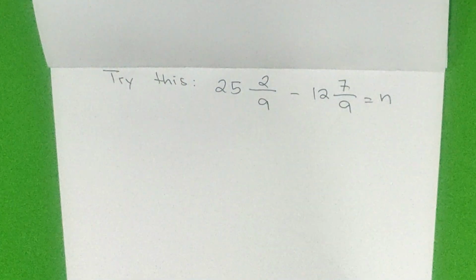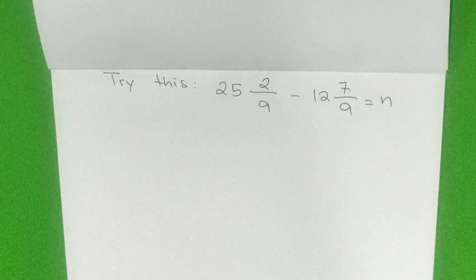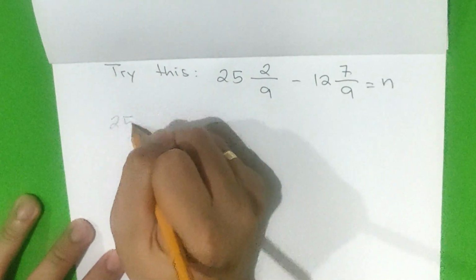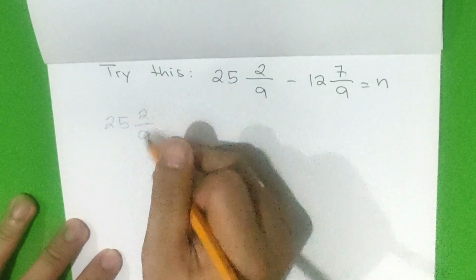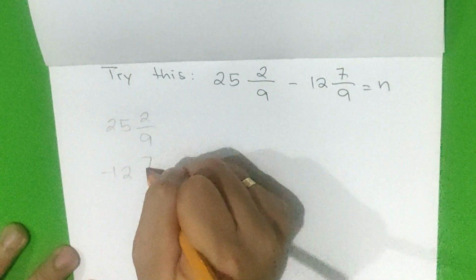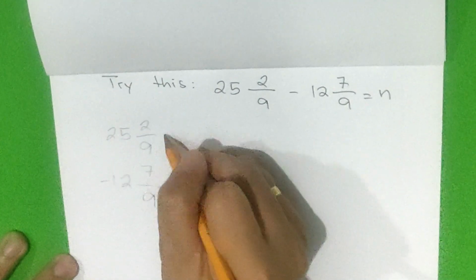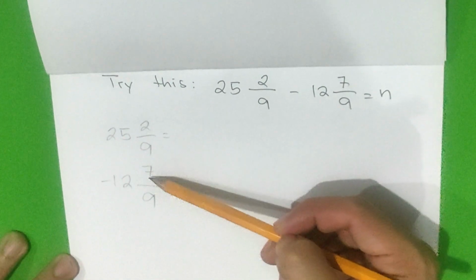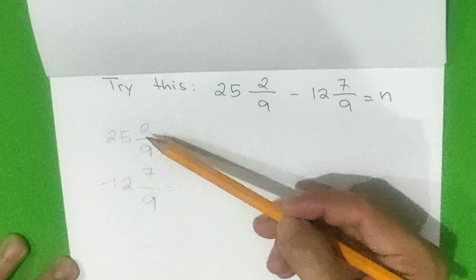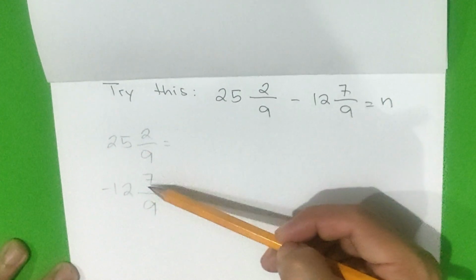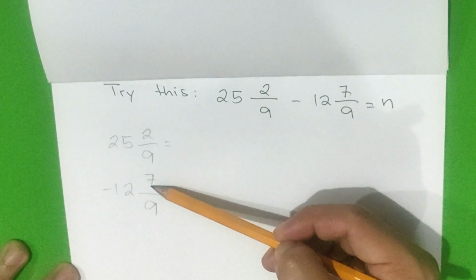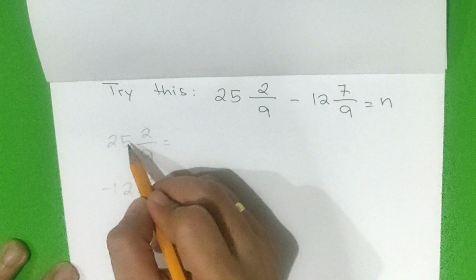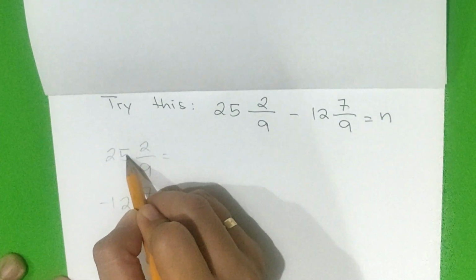Alright, let's answer this together. So the first step is to align and compare the fractions. So 25 and 2/9 minus 12 and 7/9. Since the minuend is less than the subtrahend, the numerator is less than the numerator of the subtrahend, let us regroup the whole number 25 and reduce it by 1.